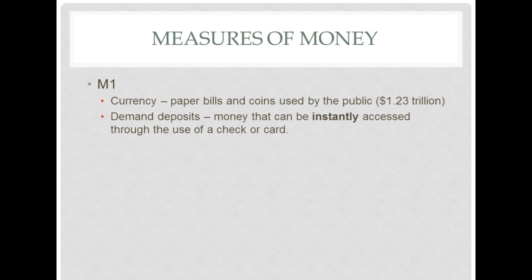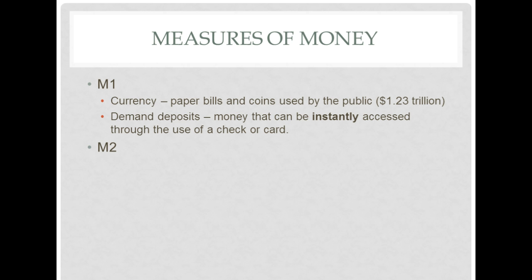There's no waiting period, there's no time off whatsoever. The money is there when you need it, whenever you need it. And again, whether that's through a debit card, or actually having the cash in your pocket, or writing a check, they all count as M1. And the distinction is going to be very important later on.